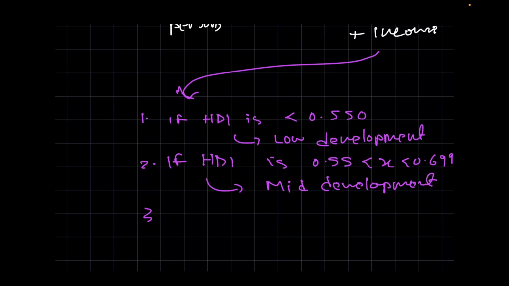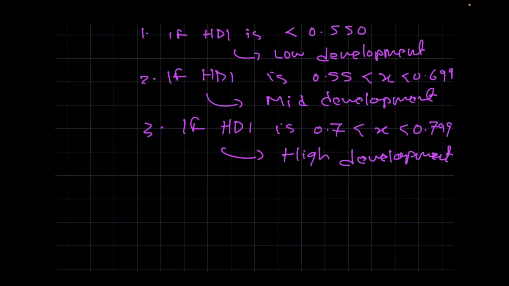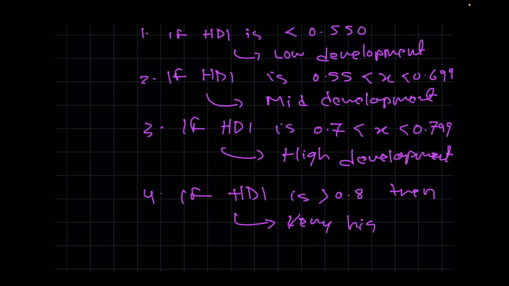Number three, if HDI is between 0.7 to 0.799, that means the economy is under high development. Lastly, if the HDI is greater than 0.8, then the economy is under very high levels of development.